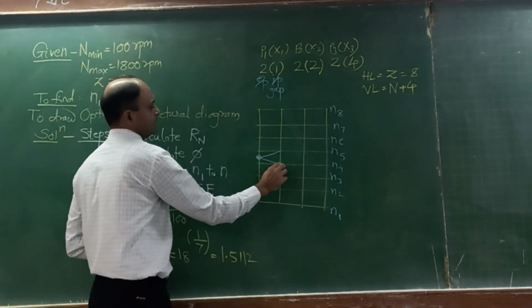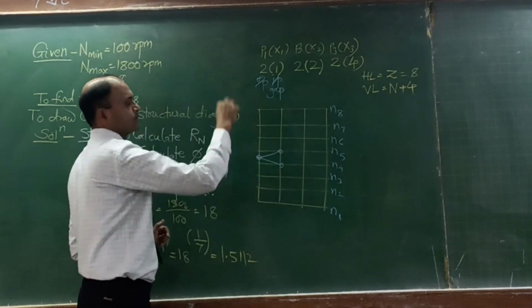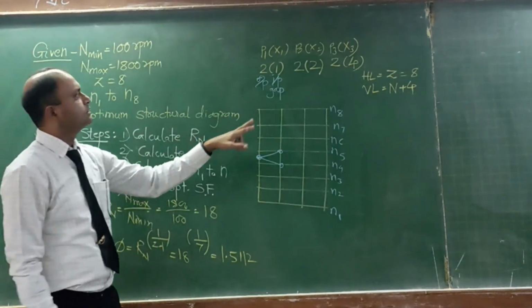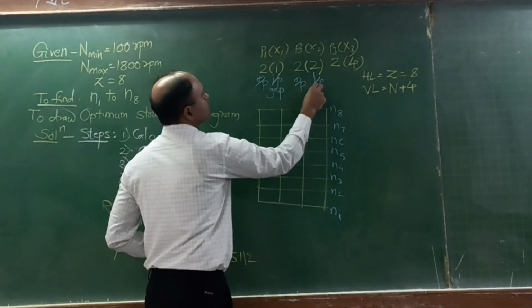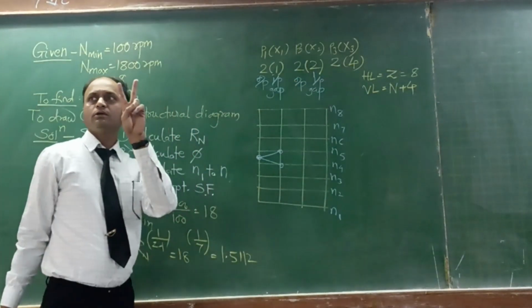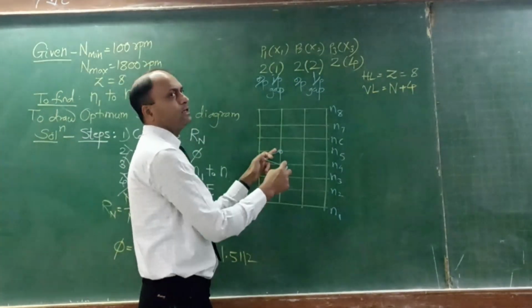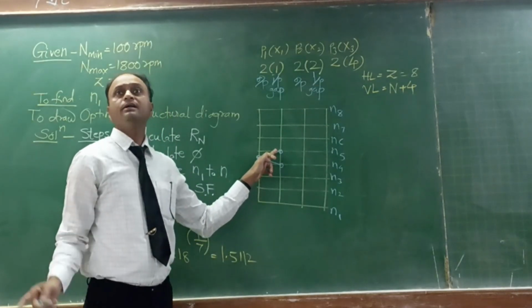This is the first stage. Next, 2 inputs, 2 outputs each, but with a gap of 2. From here we have to maintain a gap of 2 while maintaining symmetry also.